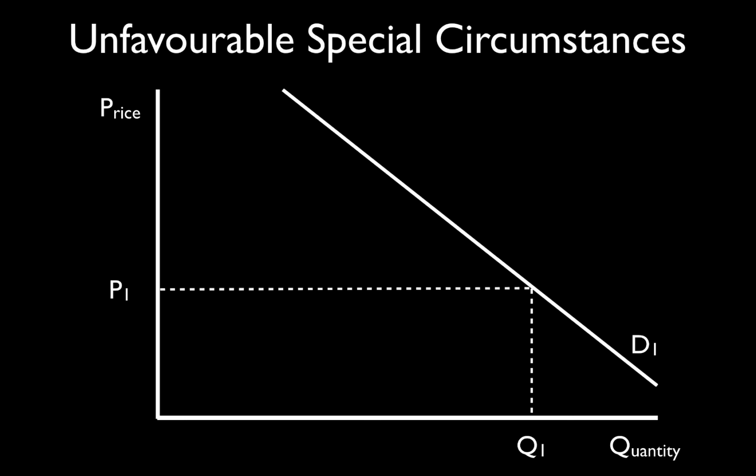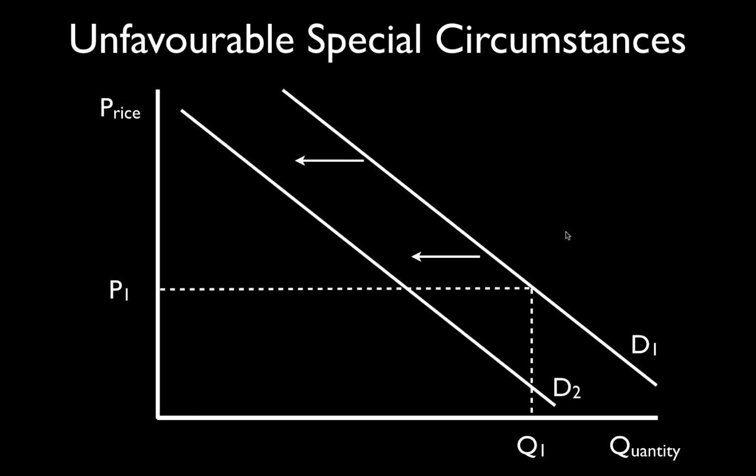Okay. On the other hand, an unfavorable special circumstance is this. Again this is the demand curve for ice cream, and what we are saying here is that it's a very, very cold, very rainy, very wet, very miserable day, and nobody's in the mood for ice cream. Therefore, what happens? The demand for ice cream falls. There is an inward shift in the demand curve.